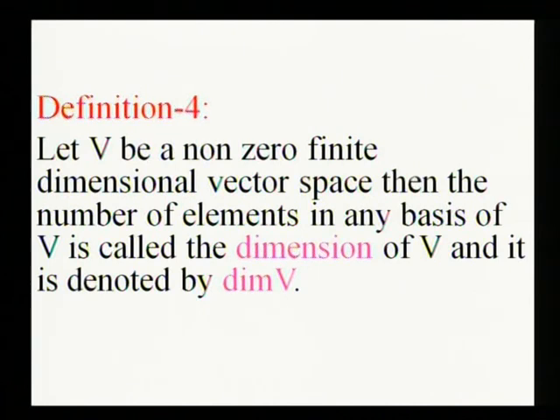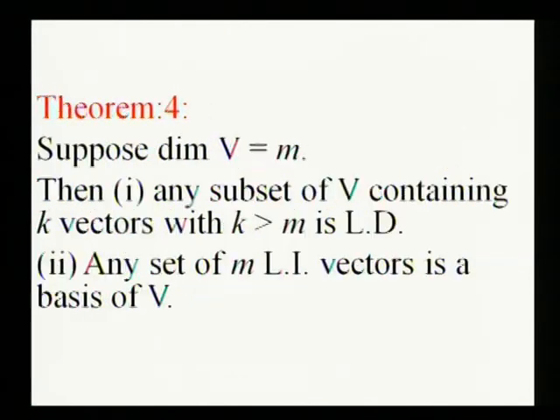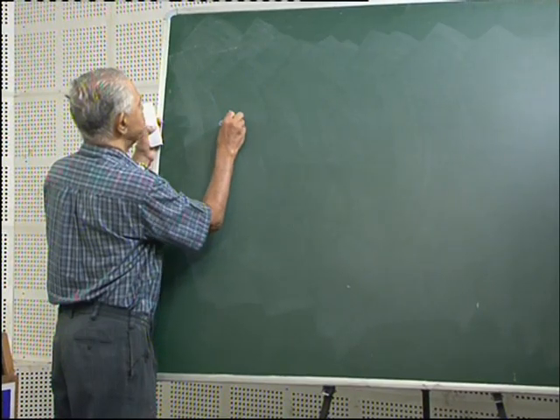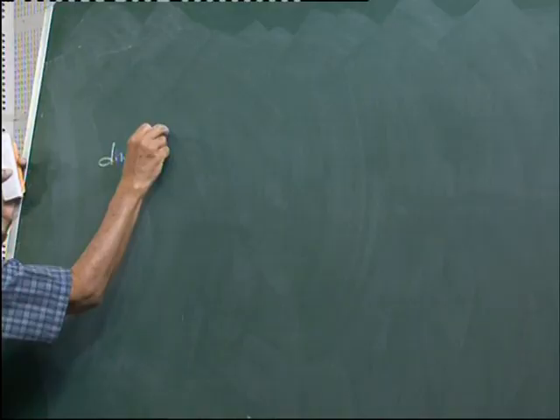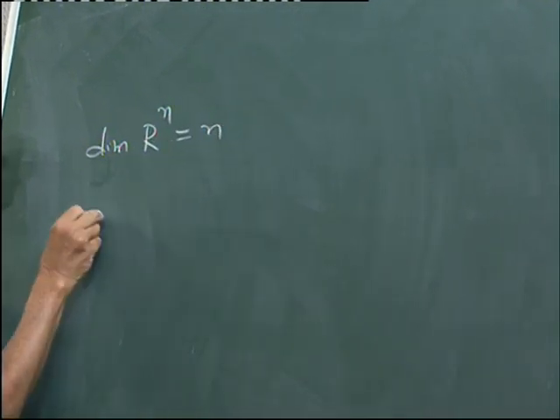Let V be a non-zero finite dimensional vector space. The number of elements in any basis of V is called the dimension of V, and it is denoted by dim V. So, now using this notation, we can say that dimension of R^n is equal to n.